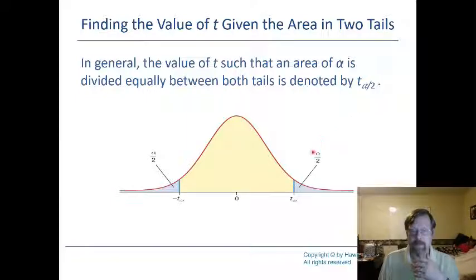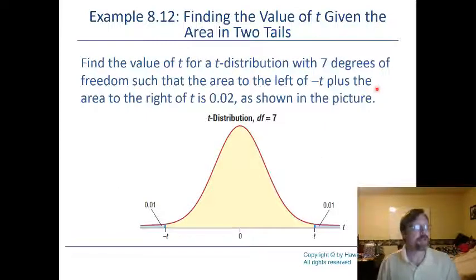So let's look at an example. If we have 7 degrees of freedom, and we know that the areas to the left and right combined are 0.02, that means the area to the left is 0.01 and the area to the right is 0.01.